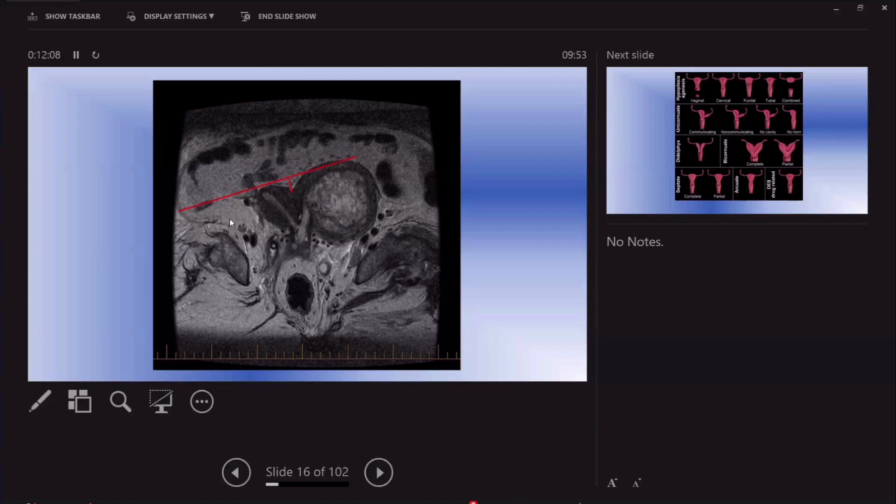There is another point that you always have to keep in mind whenever you look at a bicornuate uterus. There is a very important piece of information that has to be present. When you have two separate endometrial horns and two separate endometrial cavities, these endometrial cavities have to be continuous, as in this case.